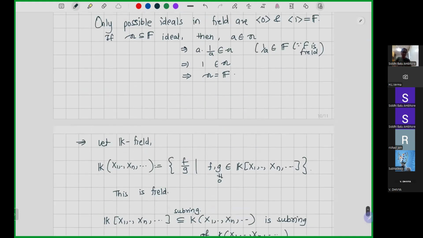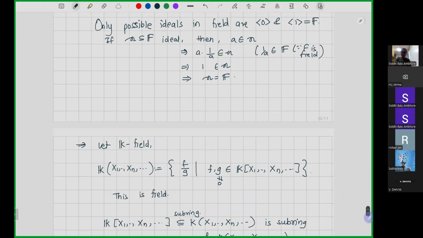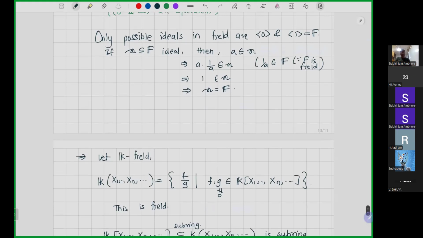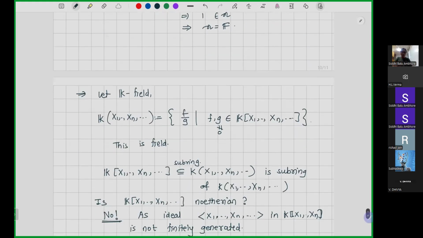So, okay, you want an example related to Q or Z or another field.